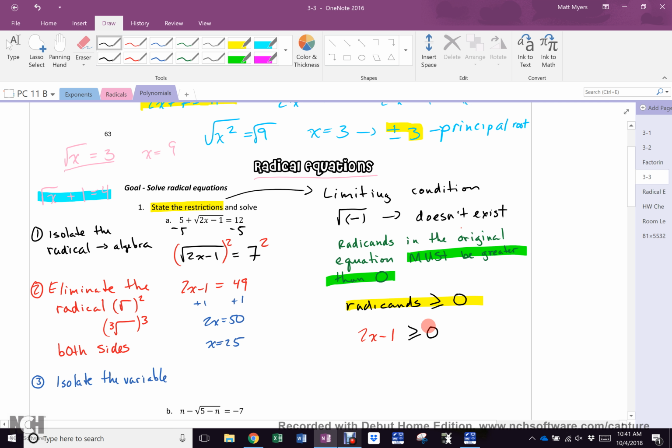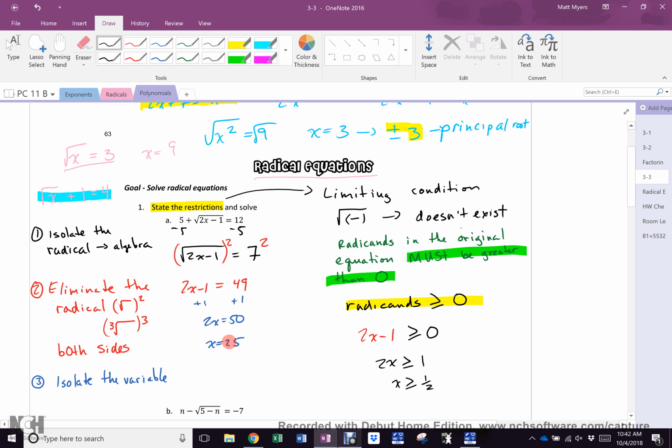Is it any different from regular algebra? No, there's just one little trick that isn't going to affect us here. So how do I solve that? What do I do with the 1? Add 1 to both sides. 2x must be greater than or equal to 1. x must be greater than or equal to 1/2.